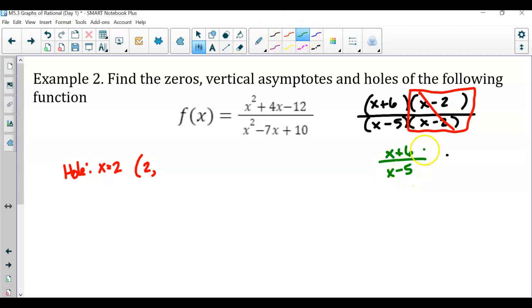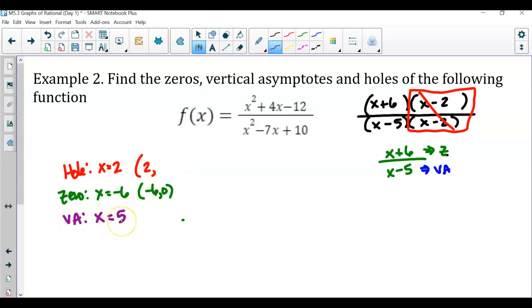Now remember, the numerator was always the zeros and the denominator was always the vertical asymptote. So here we have 1 zero at x is equal to -6, or at (-6, 0). We have our vertical asymptote at x is equal to 5. So we're saying that the graph would approach that. Then let's also get the y coordinate, right?